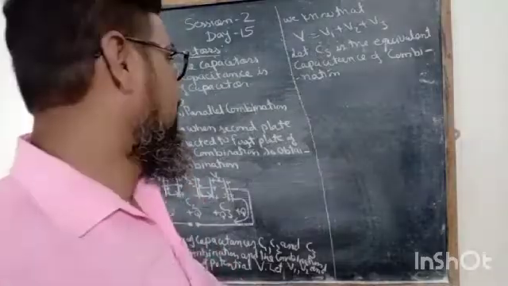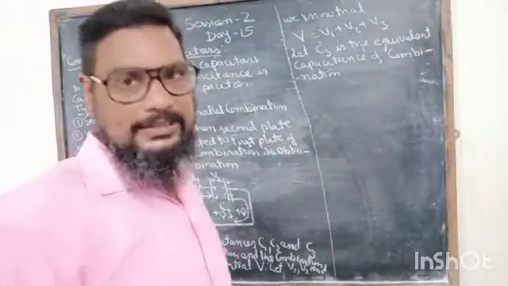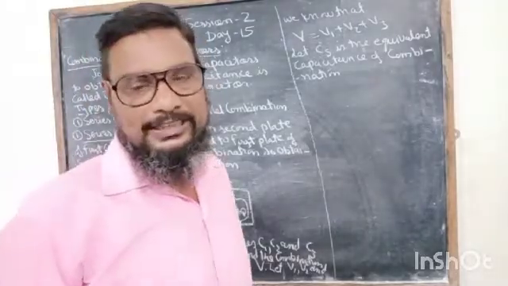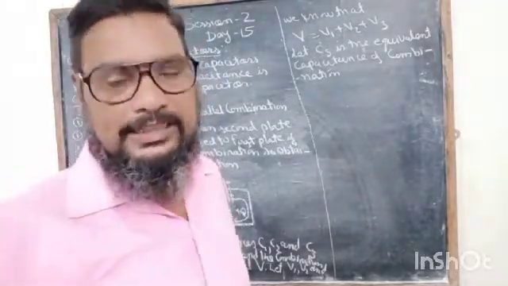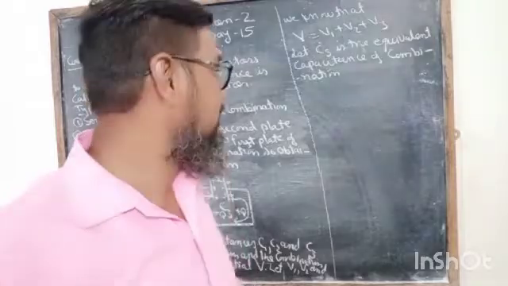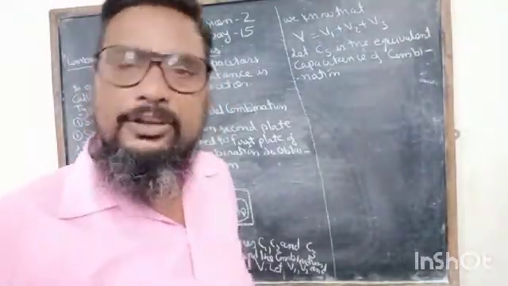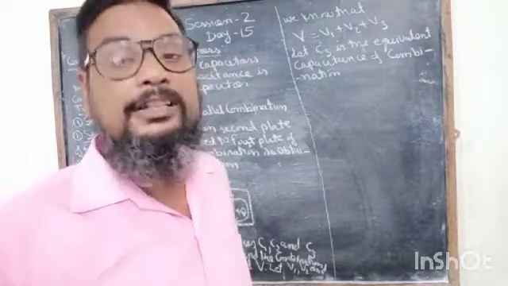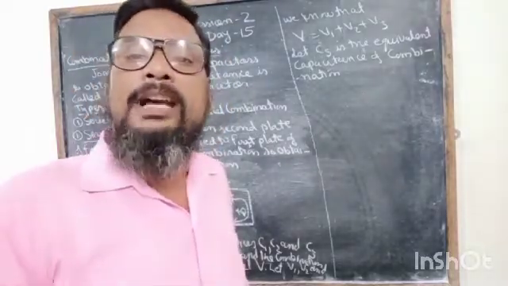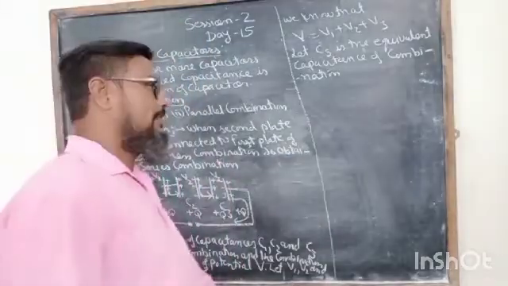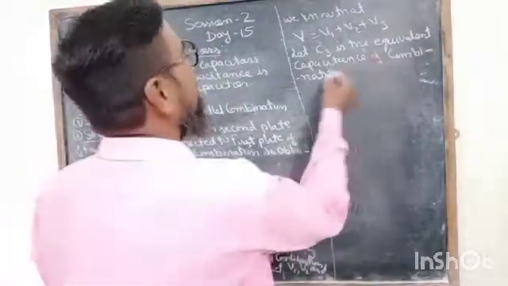Again, equivalent capacitance is the capacitance of the capacitor by which the whole combination can be replaced by the same source without changing the charge. That is called equivalent capacitance.